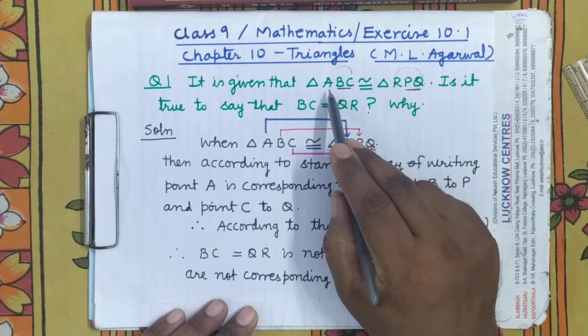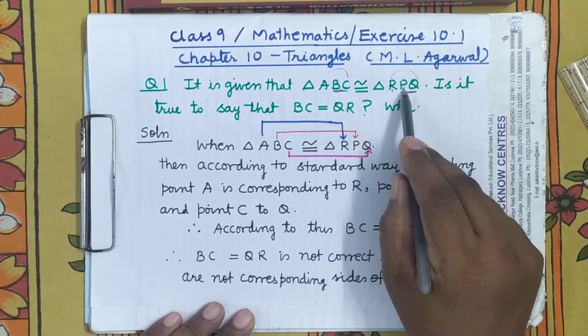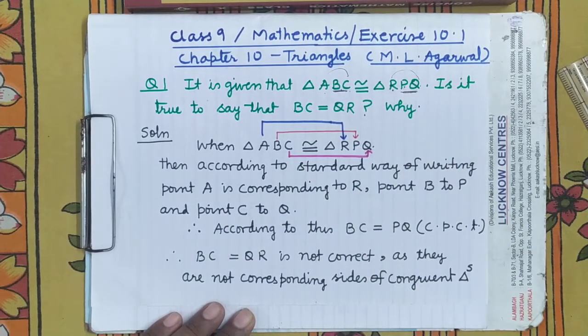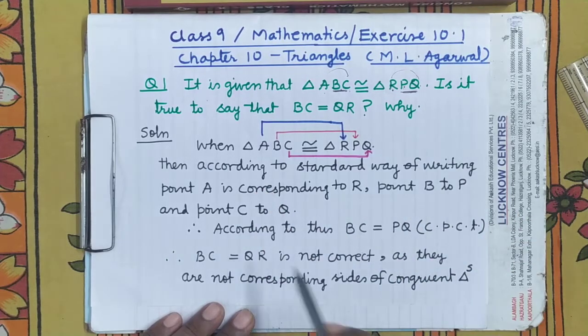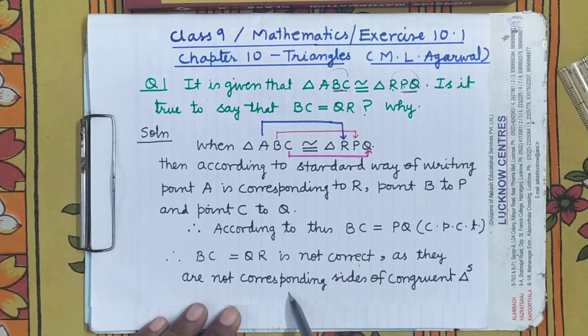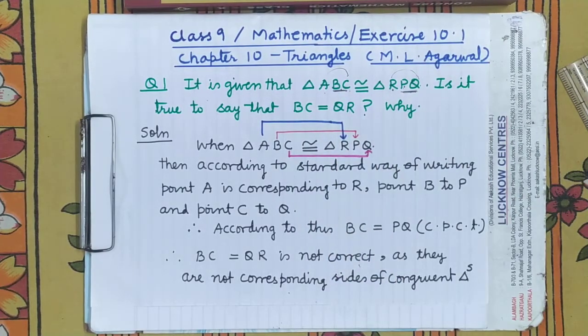Angle A will be equal to angle R. Angle B will be equal to angle P. Angle C will be equal to angle Q. Is it clear? So we can say that BC equals QR is not correct, as they are not the corresponding sides of the congruent triangles. Corresponding to BC, there is PQ. I hope this point is clear to you.